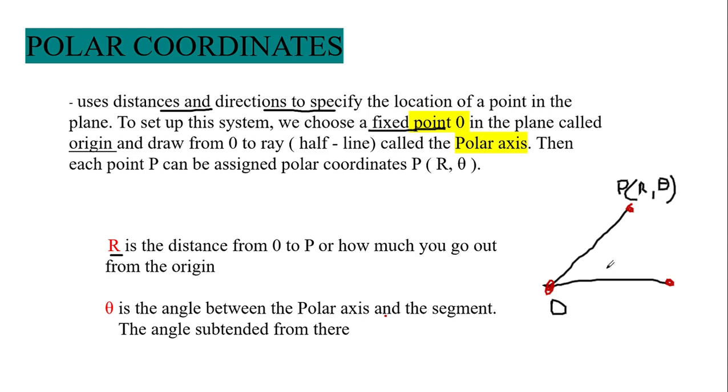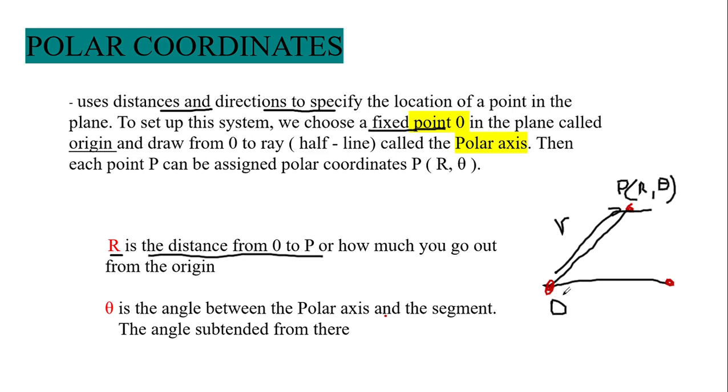And now, how will we find the r? It is said here that r is the distance from O to P, or how much you go out from the origin. Since our origin is here, we can find r from the distance from O to P. So this is our r. And to find theta, it is the angle between the polar axis and the segment.